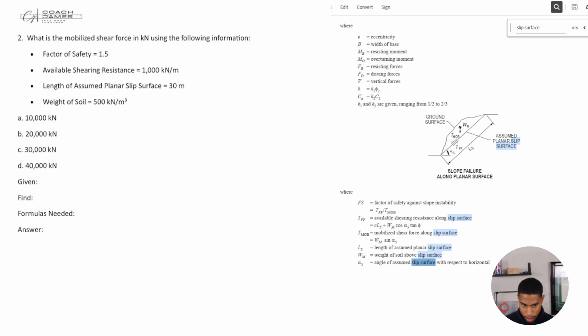All right. How do we get this? Well, what information are we given? We're given a safety factor.